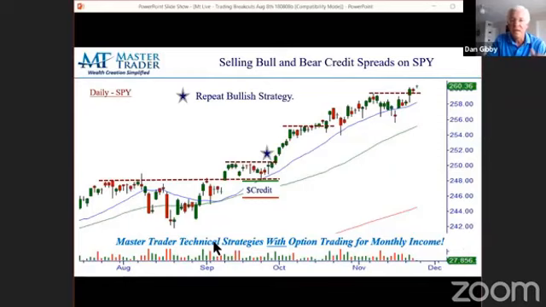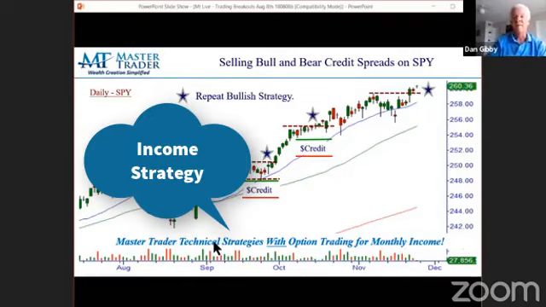And we're selling an out of the money put, buying a further out of the money put, putting the money in your pocket, another breakout. Now, see, these aren't quality breakouts at all to trade the stock, but they're bullish enough in an uptrend to just do an income trade. And so that's the difference on these.